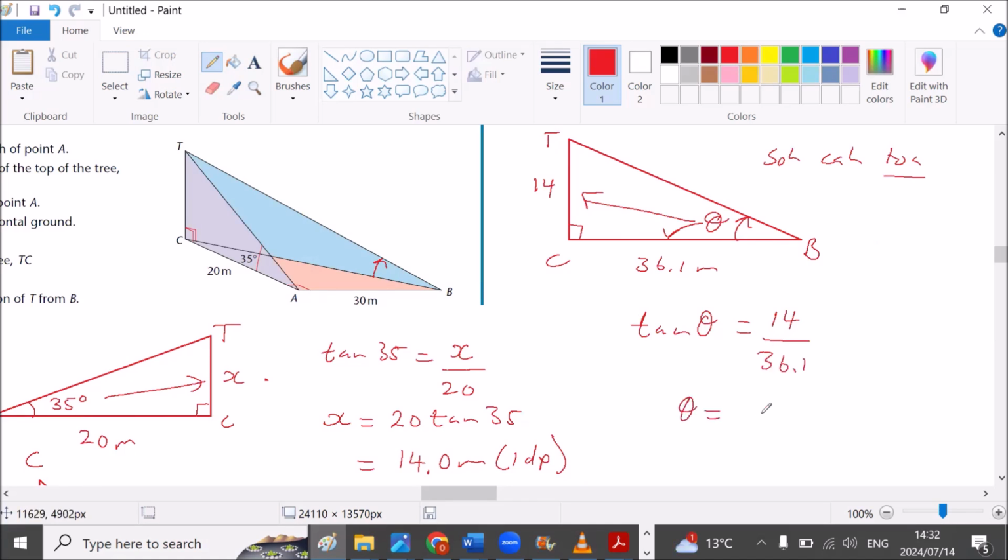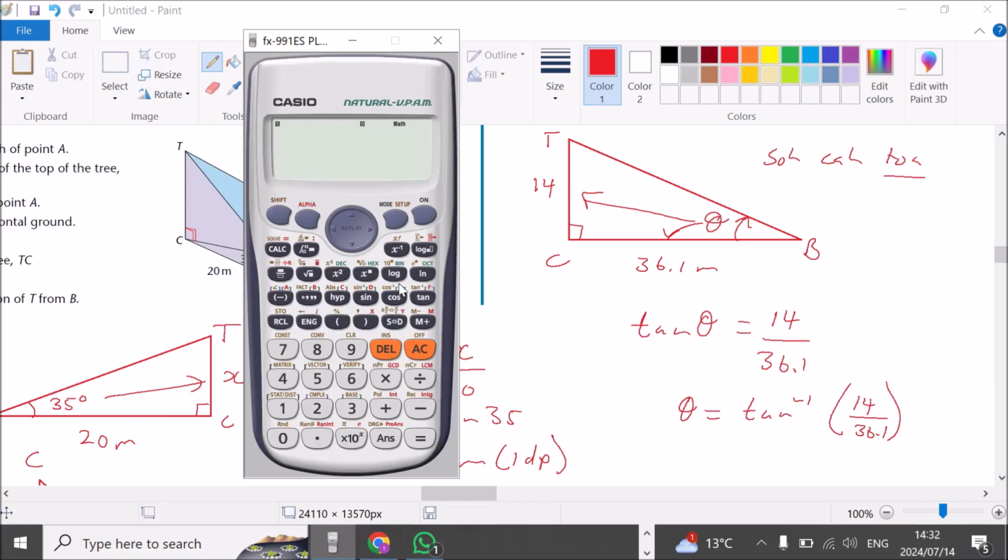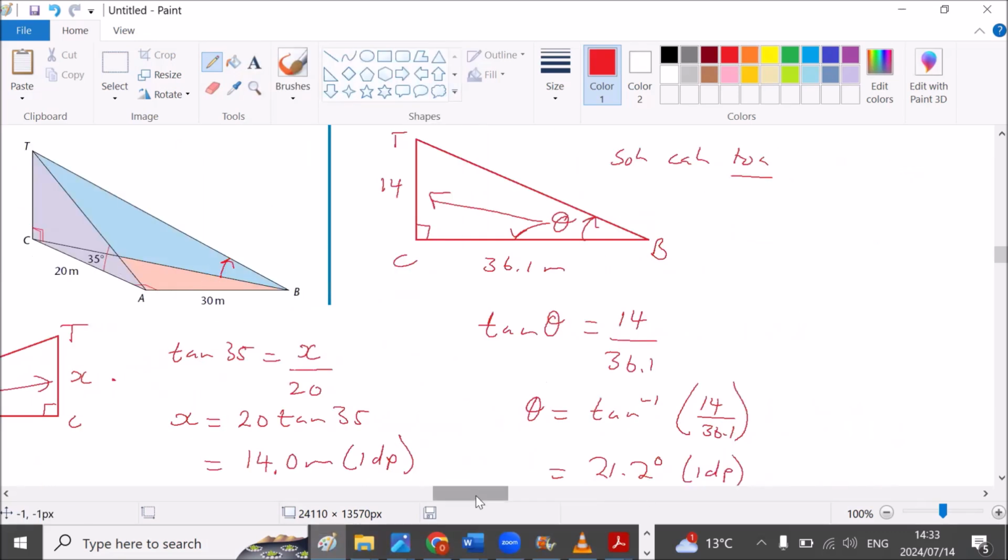Theta is equal to arctan of 14 over 36.1. On our calculator, we use shift, arctan, and fraction 14 over 36.1. Then we move out, close the bracket, equals 21.2 degrees to 1 decimal place. And that is our answer.